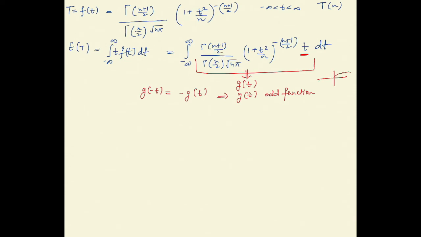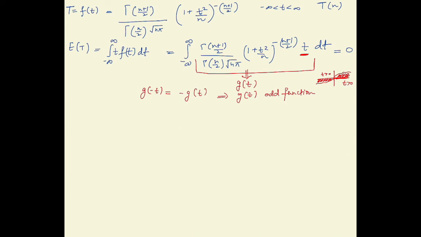So if the graph is something like that when t is greater than 0, the graph would be something like that when t is less than 0. So in this integration, the areas will cancel out and the integration would come out to be 0, hence the expected value would be 0, which we can also see from the curve of the t distribution, that it is centered at 0 and it's symmetrical on both sides.